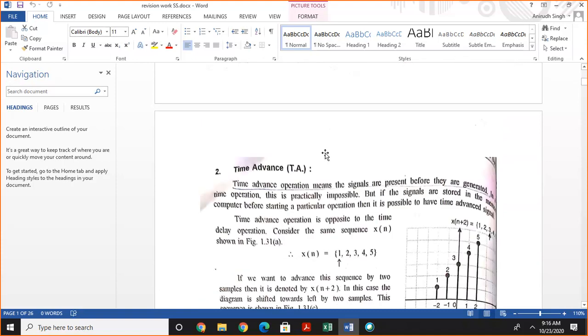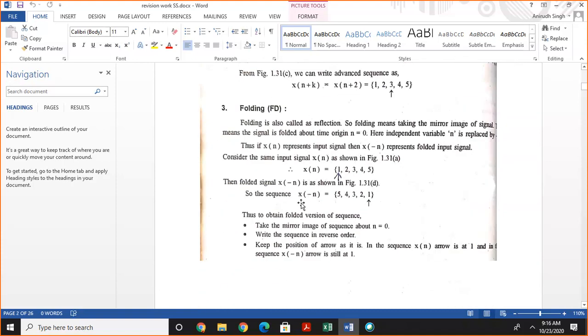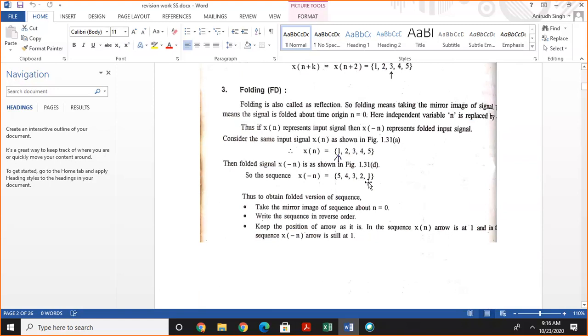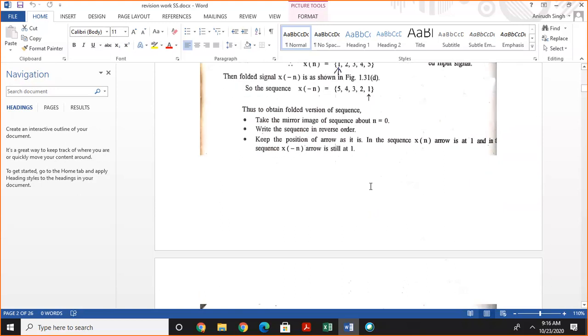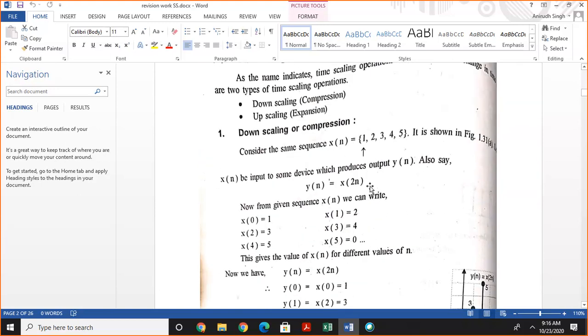So we get x of n equal to 5, 4, 3, 2, 1, and here we indicate the arrow. This arrow indicates that the value of n is 1 in this position.